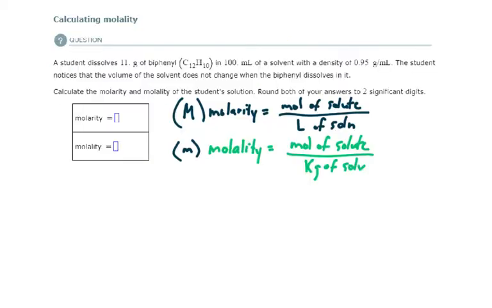So how do I find the number of moles of solute? If I go back to the passage, it tells me I have 11 grams of my solute, and it gives me the chemical formula for my solute. Because I have the mass, and I can find the molar mass, I can very easily get moles.